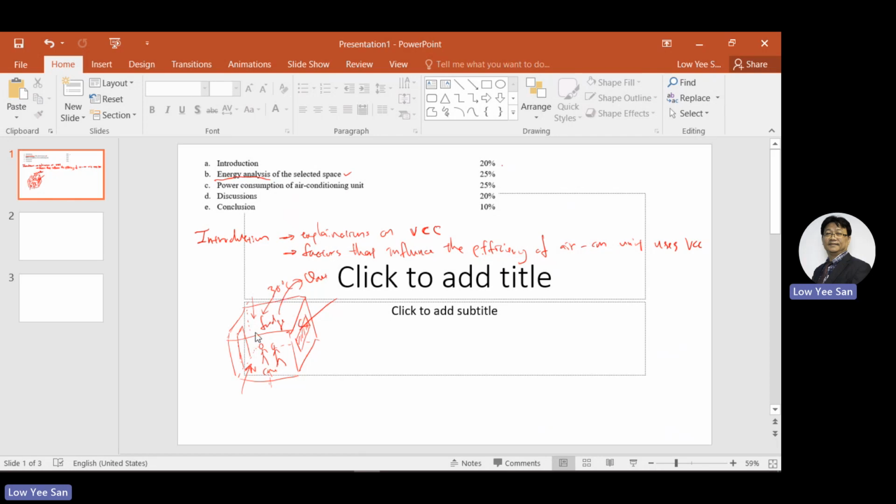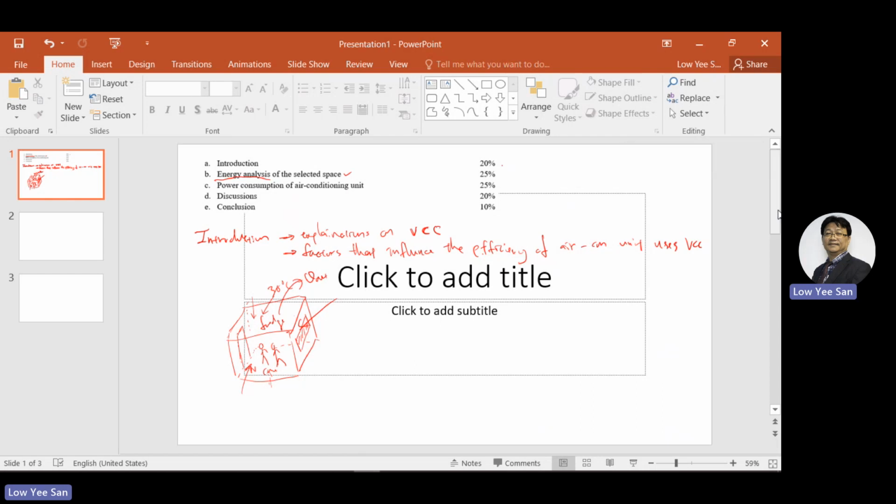But as I say, if you want, you can just analyze the heat transfer to the window. The rest you can just make assumptions and get rid of them.